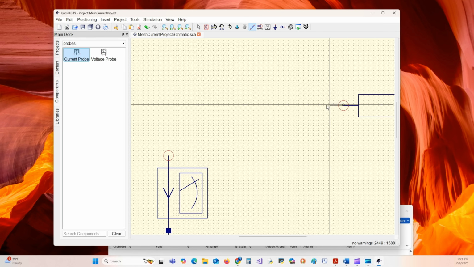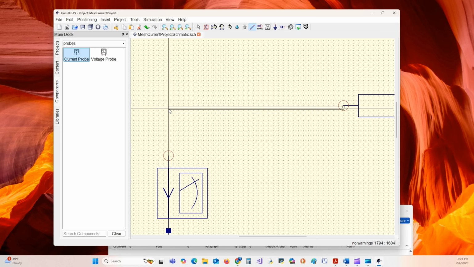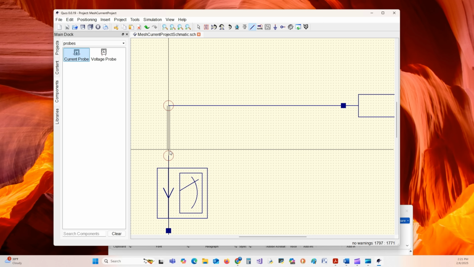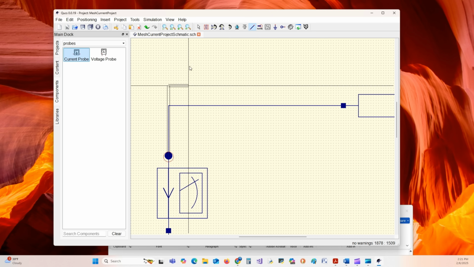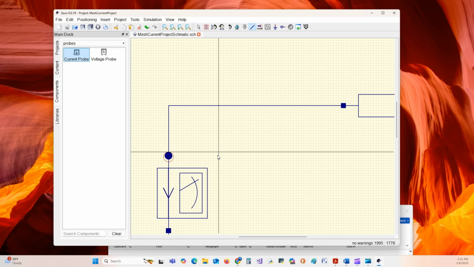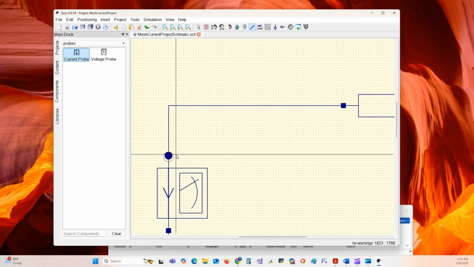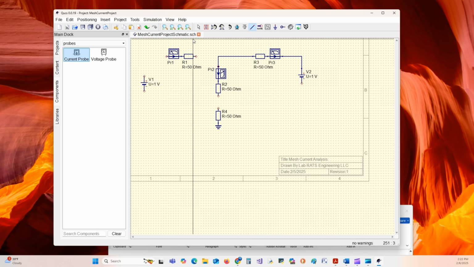Click right there, left click, drag it over to do a 90-degree left click once again down to the probe. Left click, coming up here, deselect that. You can see that it didn't connect. So I'm going to zoom in even further onto it.